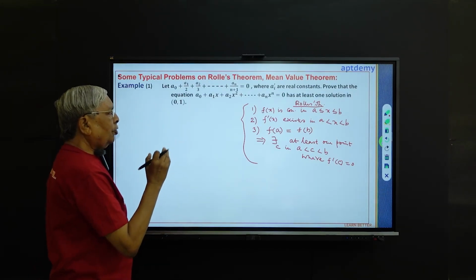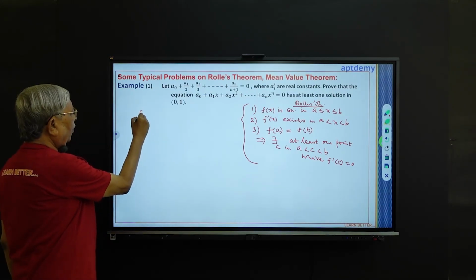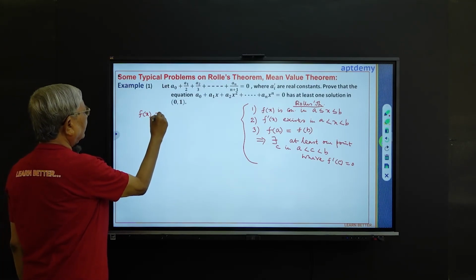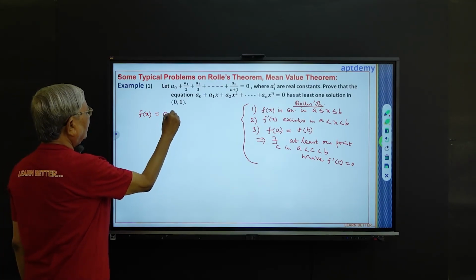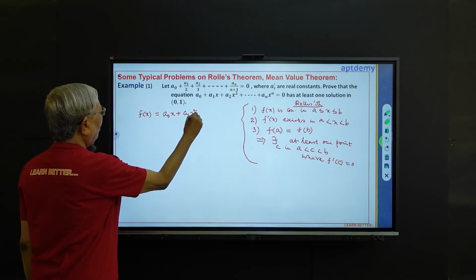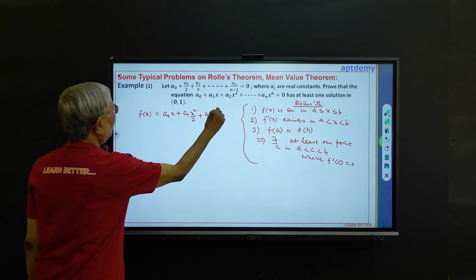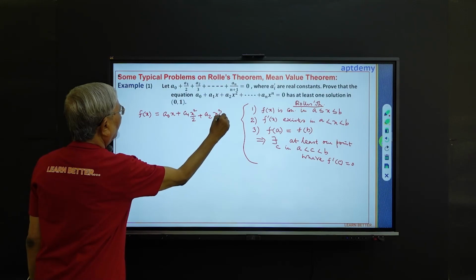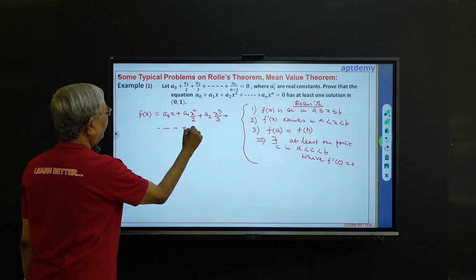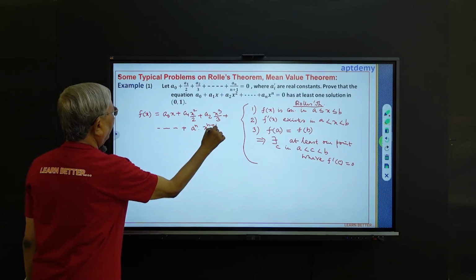So first we consider a function. Let us consider the function f(x) equal to a0x plus a1 into x squared by 2 plus a2 into x cubed by 3 and so on, up to an by n plus 1 into x to the power n plus 1.